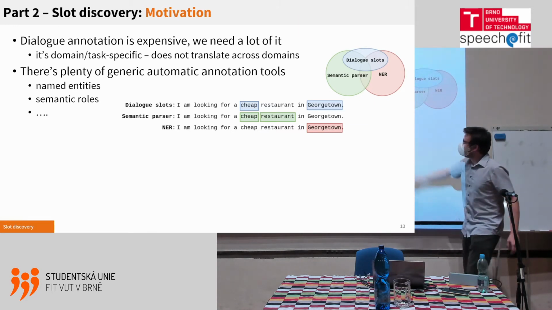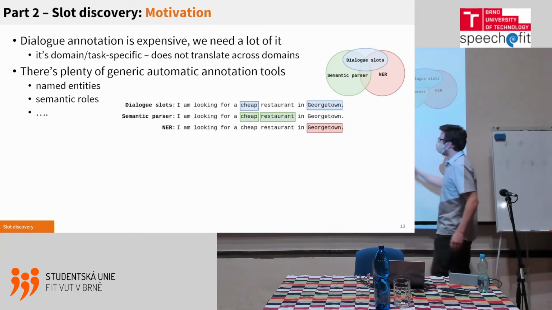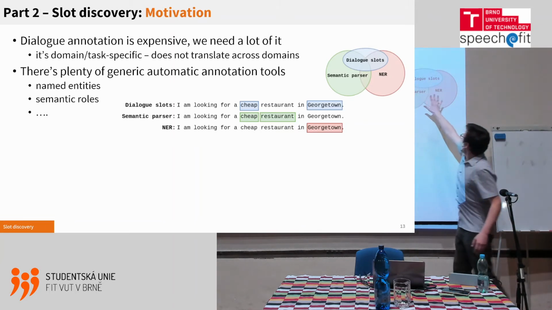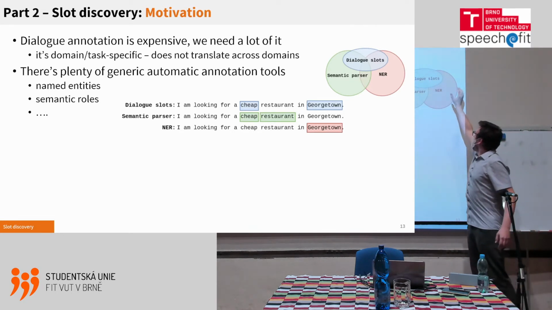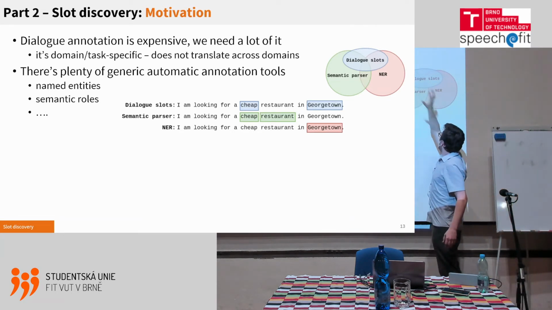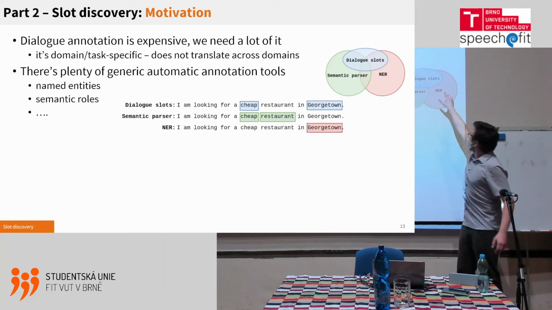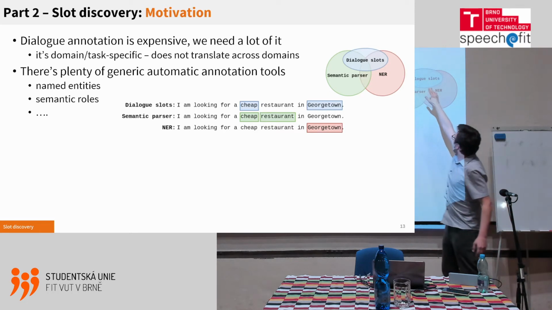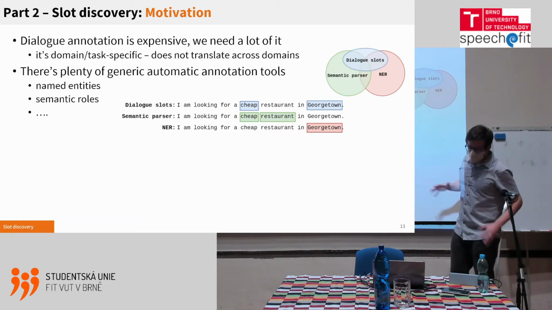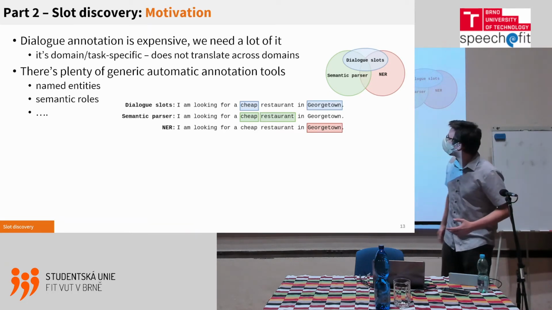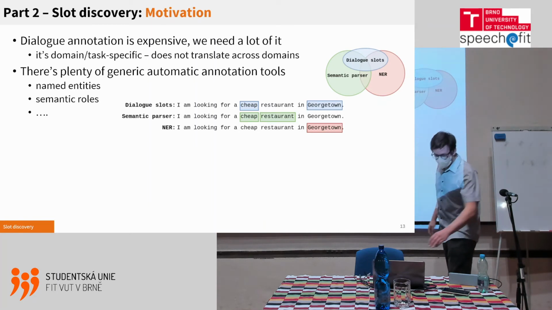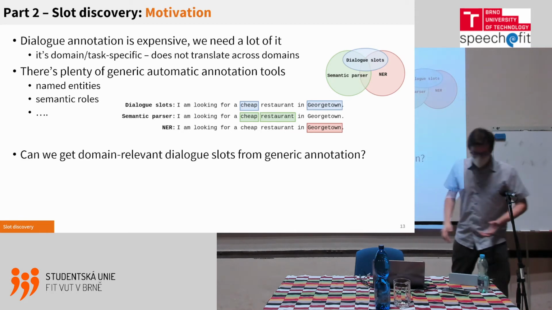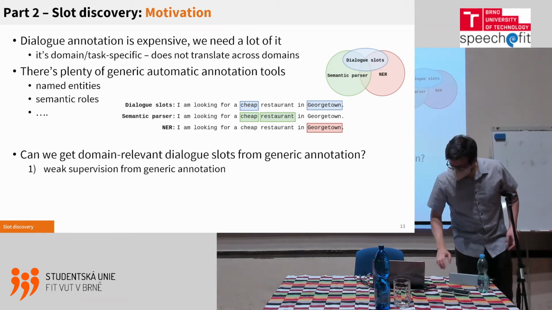If you look at the named entities, not all slots are actually named entities, so they will not be captured. Some bits of the dialog slots are captured in semantic parsing, some are captured by entity recognition, some may not be captured at all, but we wanted to see how far we can get by basically just processing the generic annotation and trying to get relevant dialog slots.